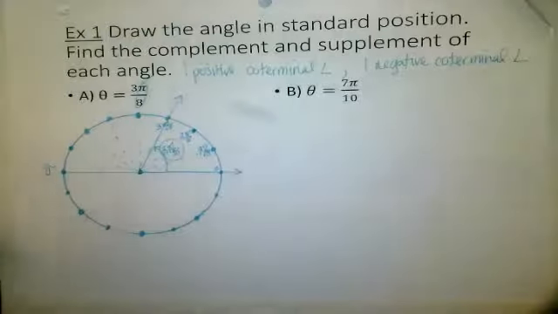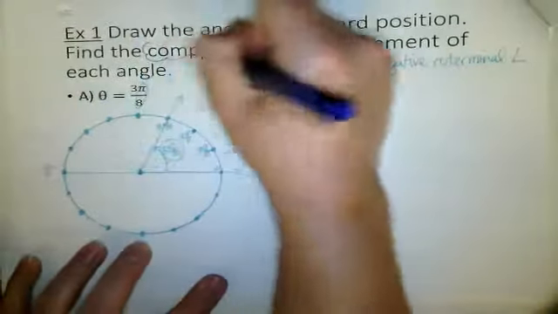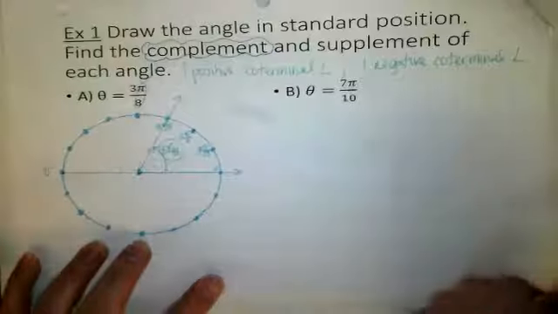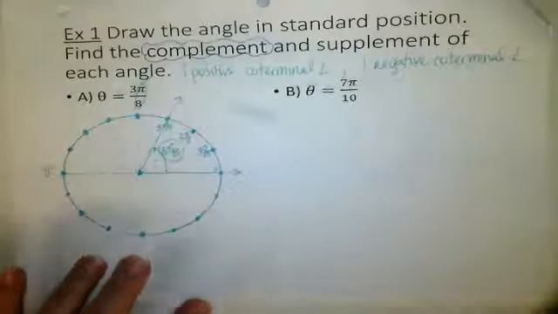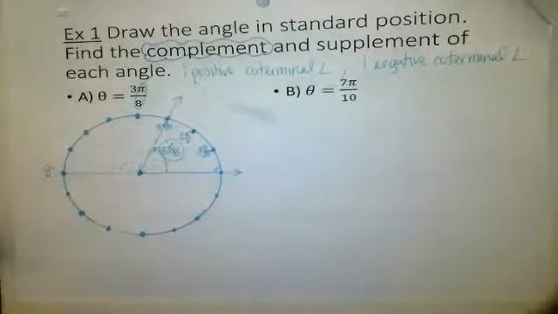Ladies and gentlemen, the first thing we want to know is what's the complement? What does complement mean? It's 90. So 90 is 90 degrees, but we don't have 90 degrees.